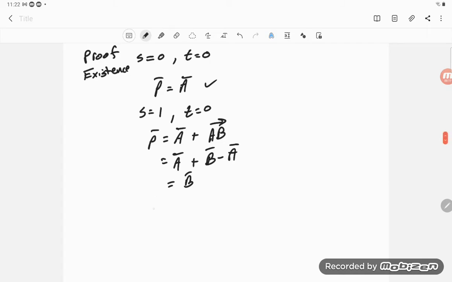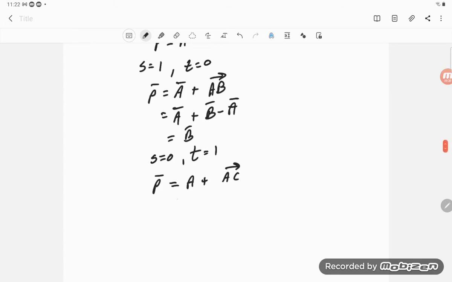And then S equals 0, T equals 1. We have P equals A plus our directed line segment AC. But again, that is A plus C minus A.